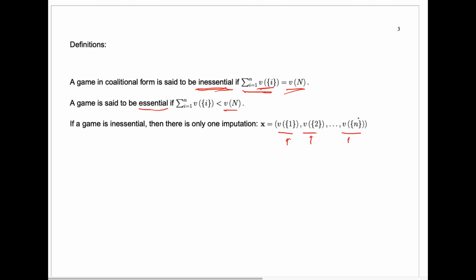But there's no way you can have the total larger than the value for the grand coalition. So if the sum of these is equal to the value of the grand coalition, each one will have to be exactly its individual value. And as an imputation has to be group rational, which we know this one will then be, the sum of the values will be exactly the maximum total, which is the value of the grand coalition, N.